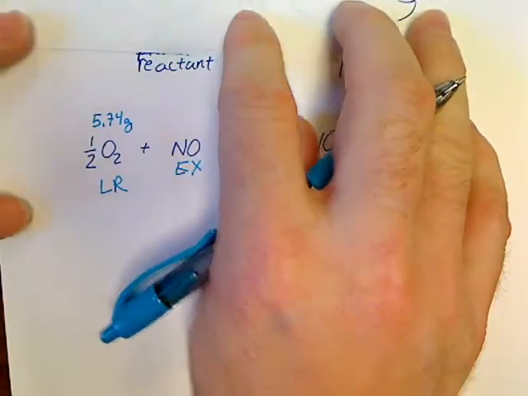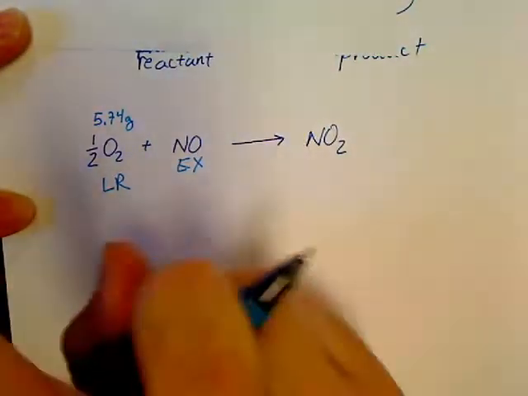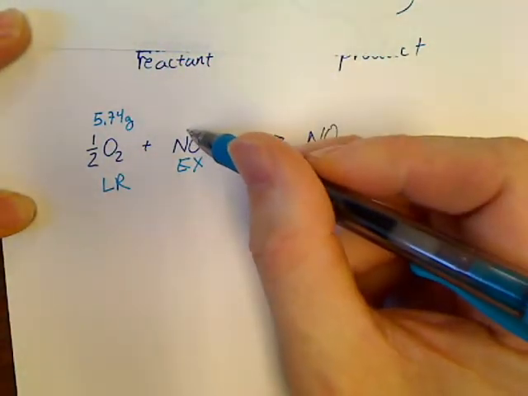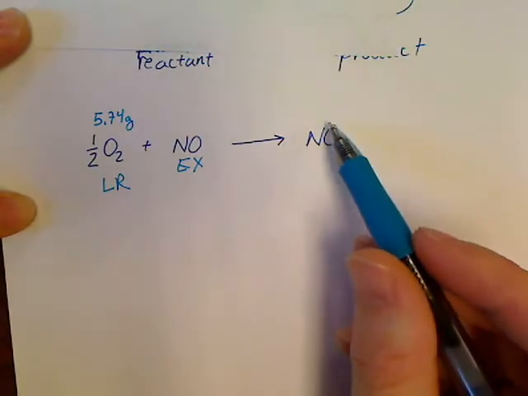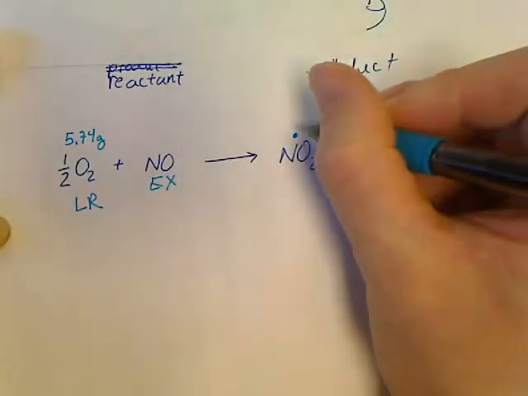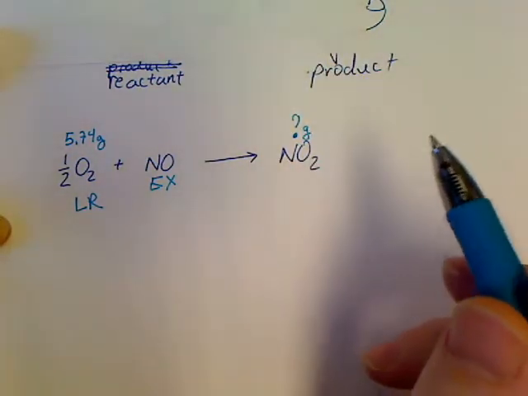So it's giving you the mass. It's told you this one's excess. It's just like I've always told you. You give me one number, I can tell you anything else. I can give you how many grams of NO we need. I can tell you how many grams of NO2 we make. Well, that's what this problem wants to know. This problem wants you to find how many grams of NO2 you'll make.